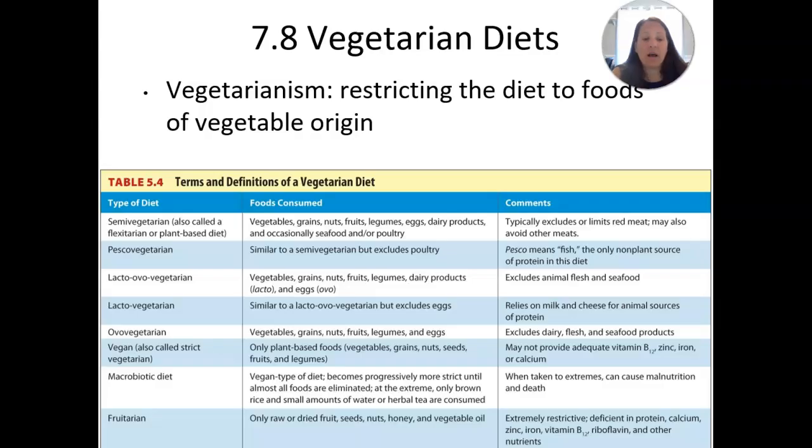Okay. Fruitarian is the last. These individuals only eat raw or dried fruit, seeds, nuts, honey, and vegetable oil. Again, extremely restrictive, deficient in protein, calcium, zinc, iron, vitamin B12, riboflavin, and other nutrients. Very dangerous. Okay. So the more restrictive you become, the more you are going to lack either certain macronutrients or micronutrients.